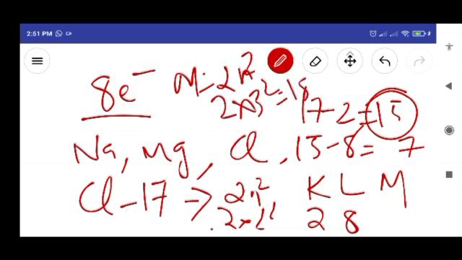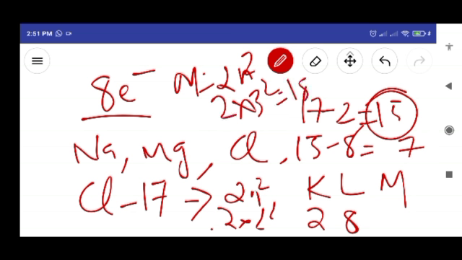The M shell can accommodate 18 electrons, but it will actually occupy only 8 electrons. Why? Because if there are 18 electrons, there will be so much repulsion between these electrons that it will collapse. So the M shell also carries a maximum of 8 electrons, but in the case of chlorine, only 7 electrons are left. So the M shell has 7 electrons.